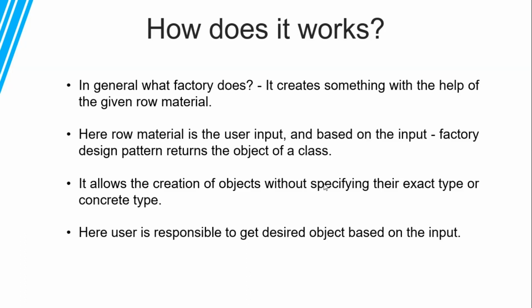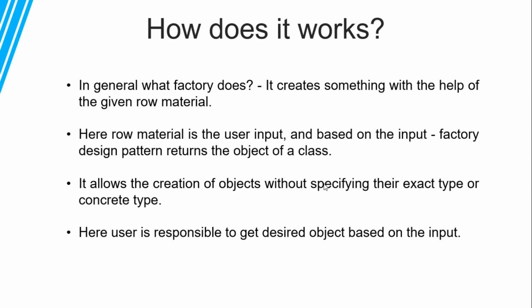We need to specify what type of output we need, and for that we need to give input. The same thing applies here. Here the raw material you can assume to be user input. The user will provide the input saying what type of object the user needs, and the factory design pattern will return that type of object.